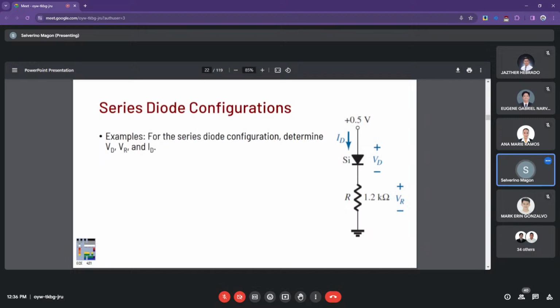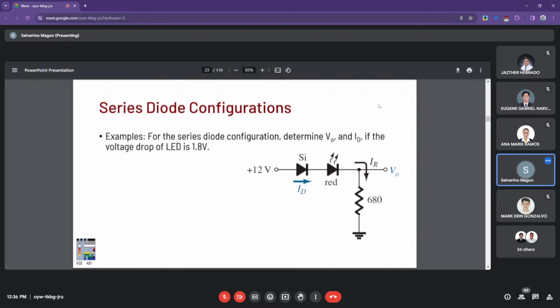So essentially, this is still an off circuit. You don't have any sort of current there because, as you know, it is identified as silicon material. It requires 0.7 volts, so it's not sufficient to turn the diode into on condition.